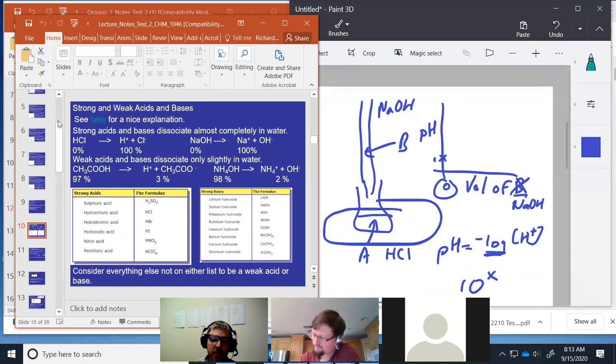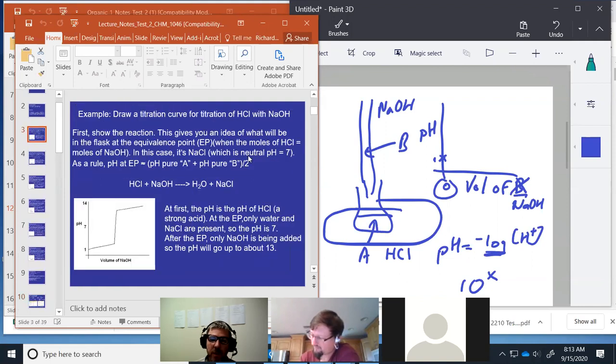Okay, so at the moment, for this particular example, what we're dealing with is a strong acid being titrated with a strong base. Okay, strong acid being titrated with the strong base. So what happens is that as we proceed with the titration, the pH begins to go up.